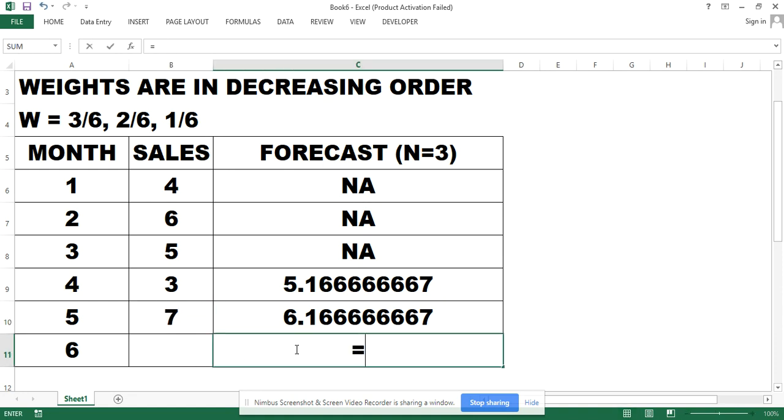So similarly here, this plus 3 by 6, plus this cell 2 by 6, plus this cell 1 by 6.